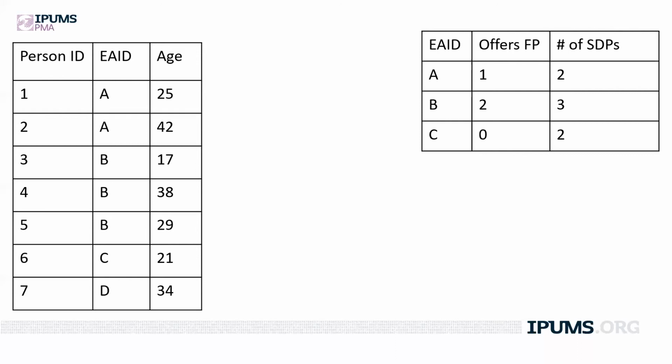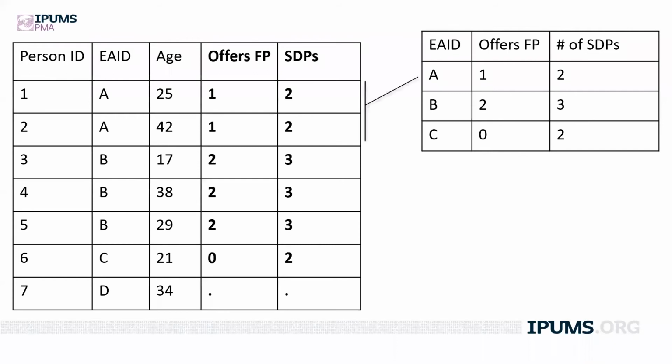In these same areas, we already know all the service contexts that we're interested in. So we're going to attach one for offers FP to the 2 women who live in EA A, and also that there are 2 facilities there. And you'll notice that there's a woman who lives in D, but there wasn't any facility interviewed or sampled in EA D.